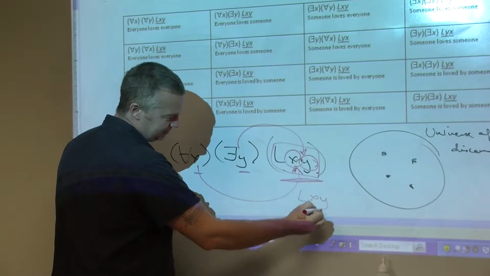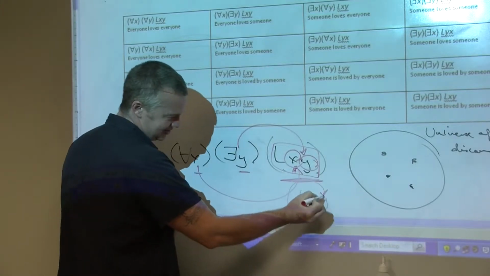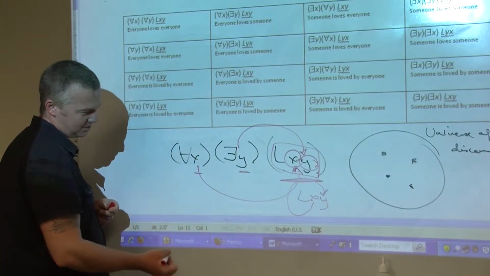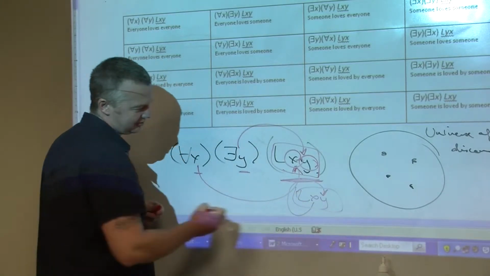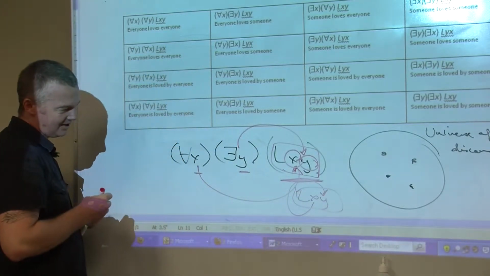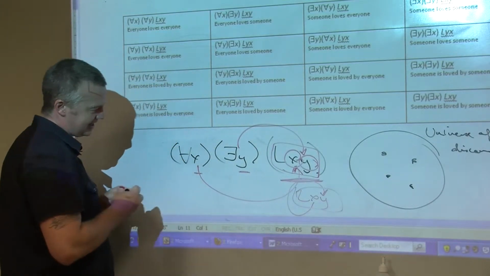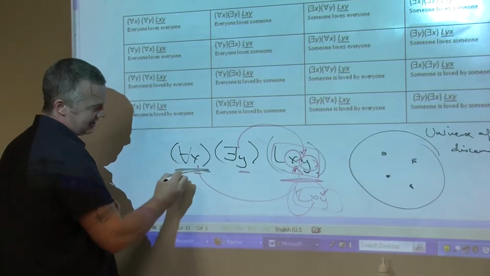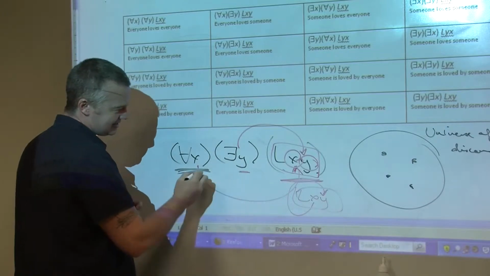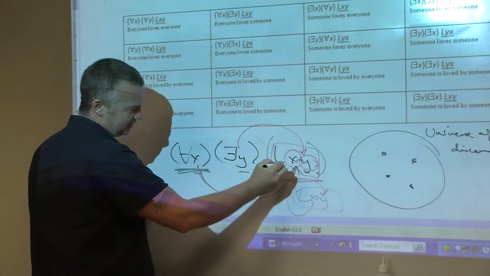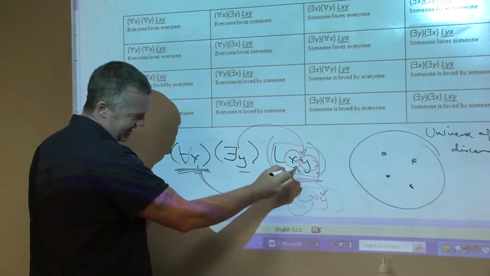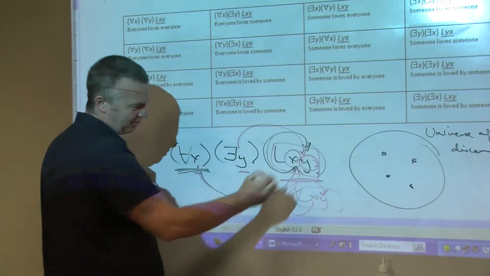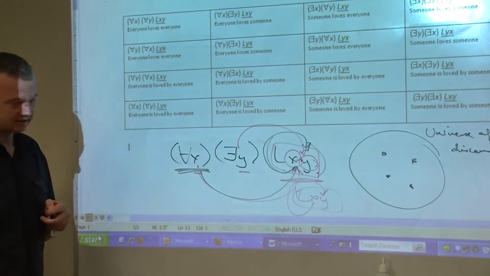As we know, it goes from x to y. Right? That's what we're saying the arrow of love does. And then what are we saying here? I'm talking about for all x, for any x I pick out, it's going to be the case that the arrow of love travels from that x to some y.